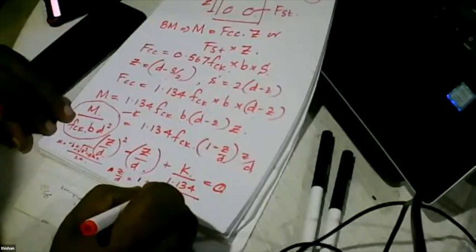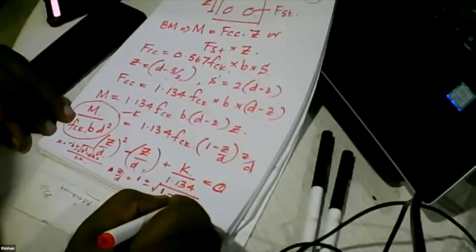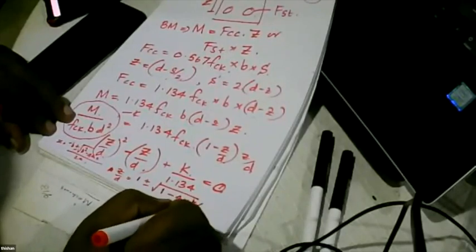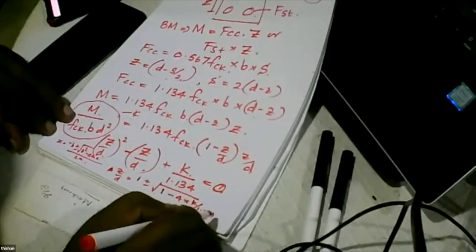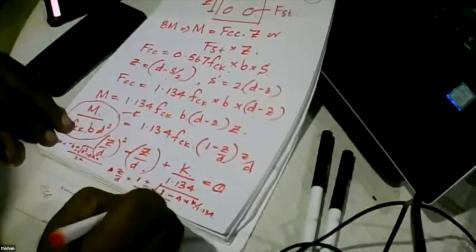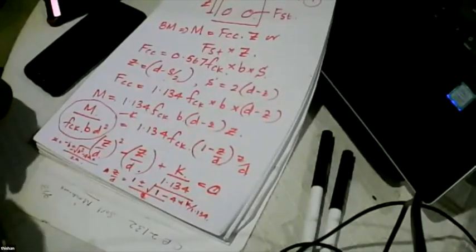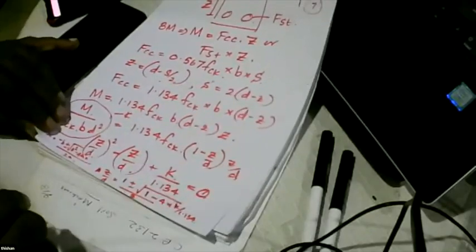So that is 1 squared minus 4, where a is 1 and c is K over 1.134, divided by 2. So you can write this equation as 0.5 plus.